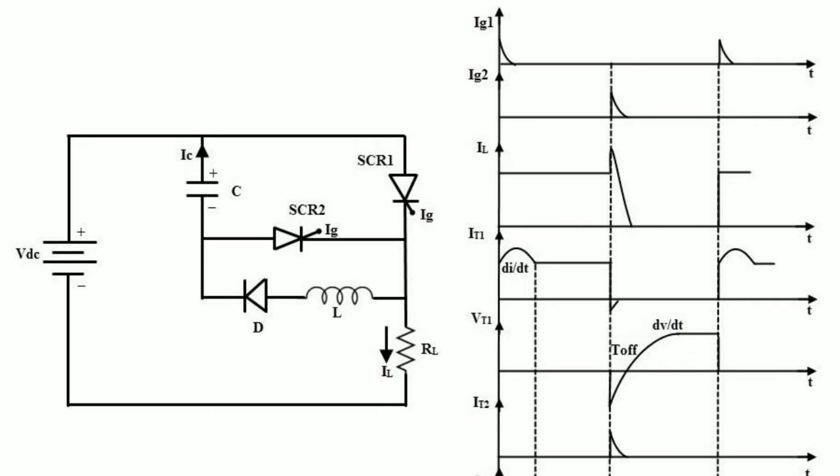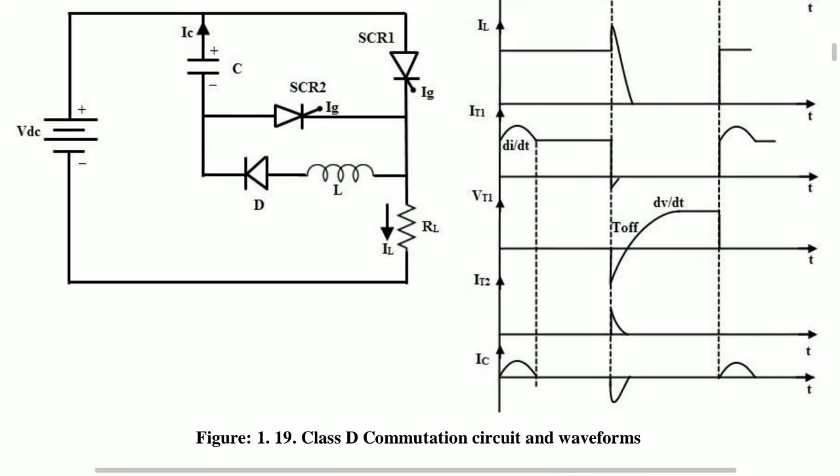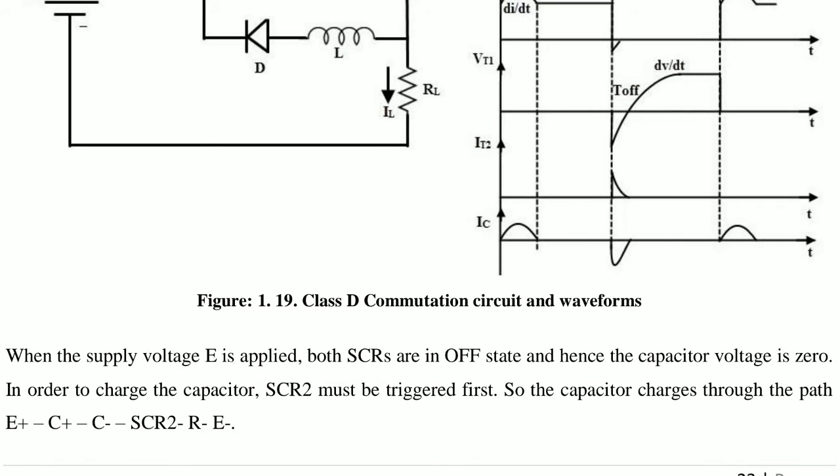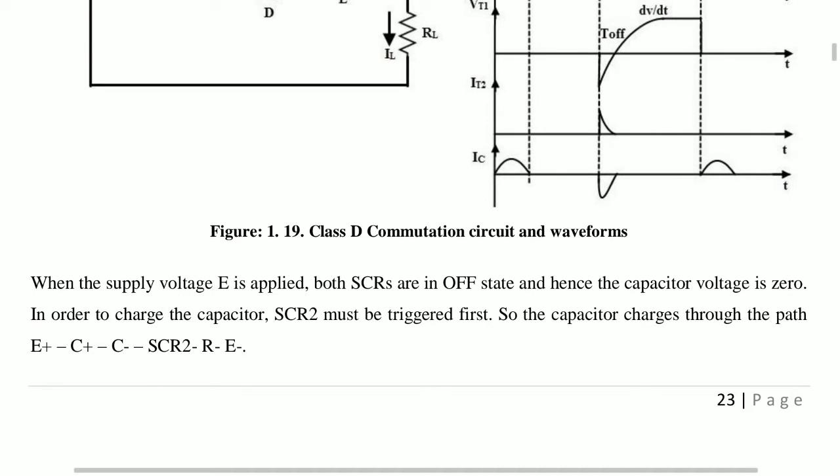The commutation circuit consists of SCR2, the auxiliary SCR, inductor L and diode D. So SCR1, the main SCR, can be turned off by SCR2. How does this mechanism take place? We will first see the theory of this class D commutation, and I will explain it deeply.